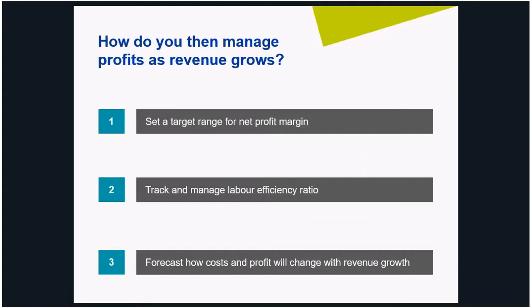The second is to track and manage our labor efficiency ratio to ensure that the additional staff and labor we add to the business generates the right level of output to make a return on that investment. And the third is to forecast how our costs and profitability will change with increasing revenue so we can manage the business growth against that. So let's look at each one of these in turn.